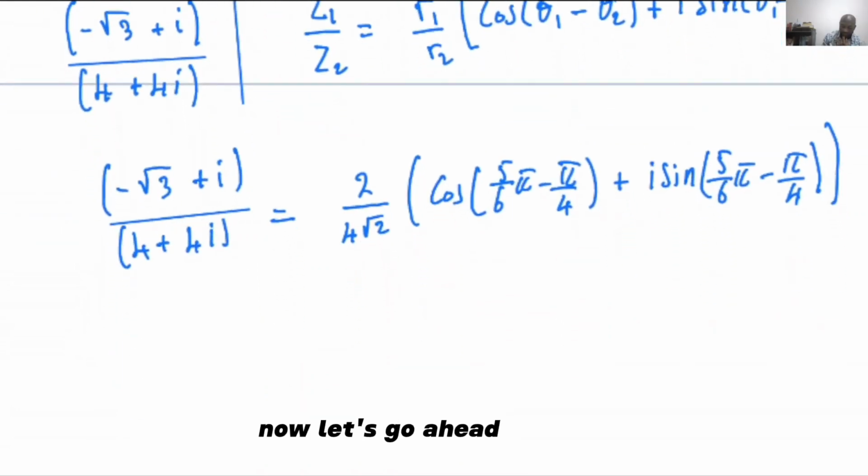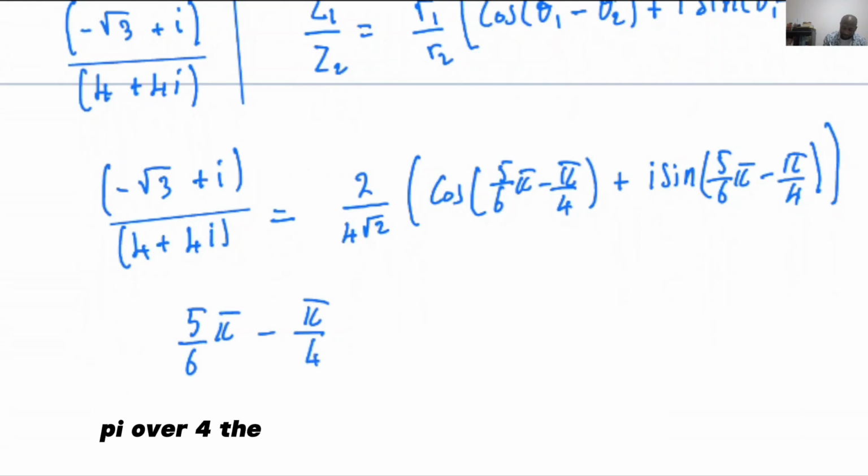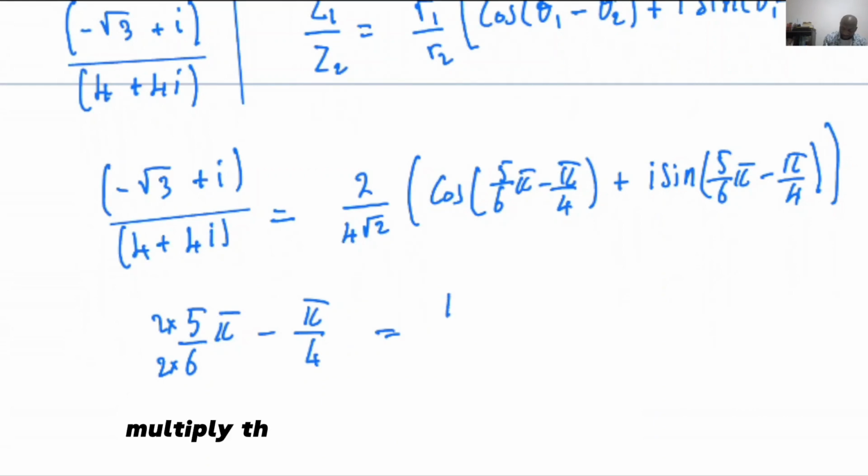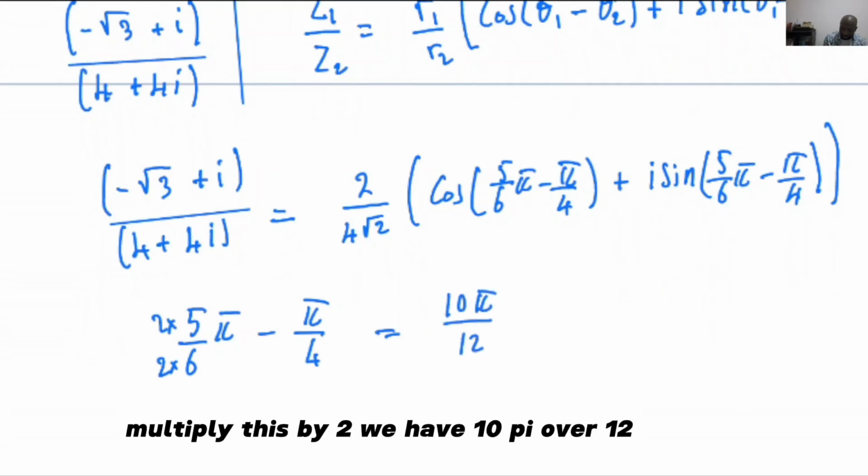Now let's go ahead and find the difference between 5 over 6 and 1 over 4. So 5 over 6 pi minus pi over 4. The LCM is 12. So multiply this by 2 and this by 2, we have 10 pi over 12.